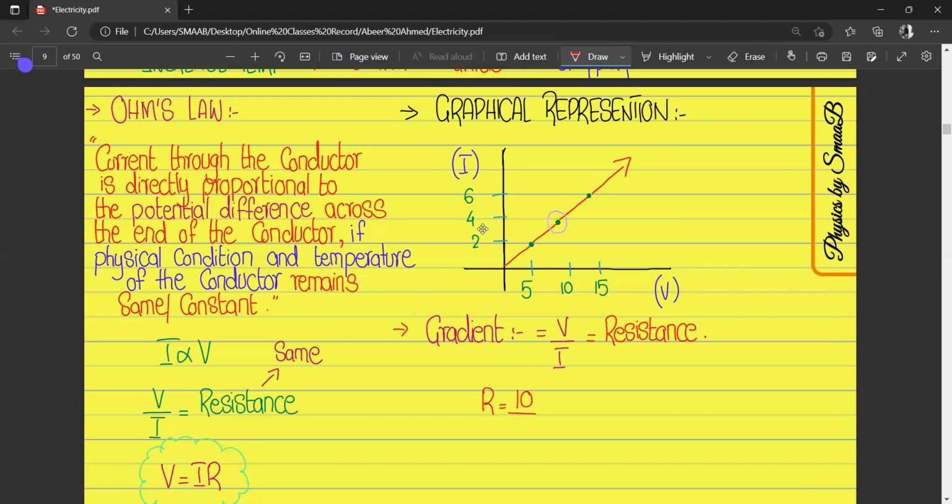So 10 over 4 is the value and the accurate answer will be equal to 2 point something, 2.5, and the SI unit of resistance is ohms, right? Yes. So this is the basic concept of resistance, that we can also calculate resistance with the help of current and voltage graph, that is known as Ohm's law, right?